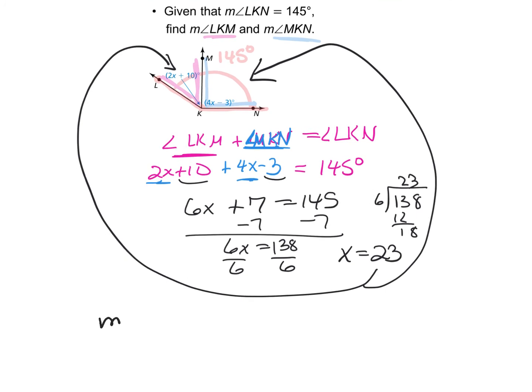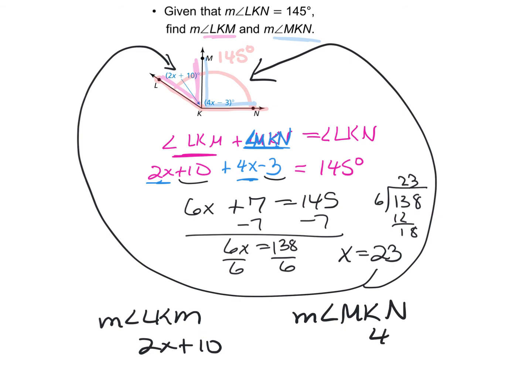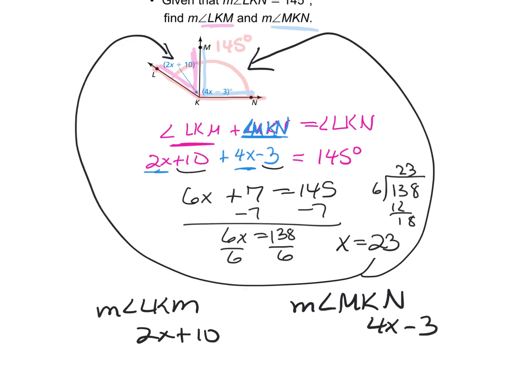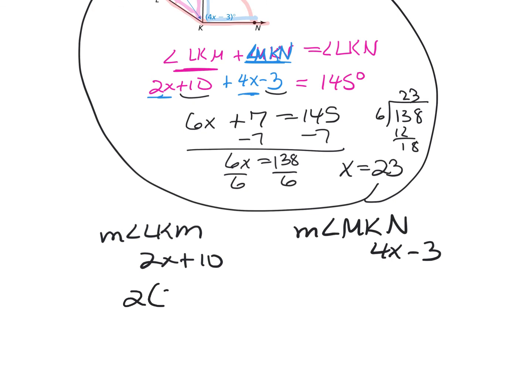So the measure of LKM is the 2x plus 10, and the measure of MKN is the 4x minus 3. So let me plug in 23 into both. Now remember, these are not congruent angles, so they're going to give me different numbers.